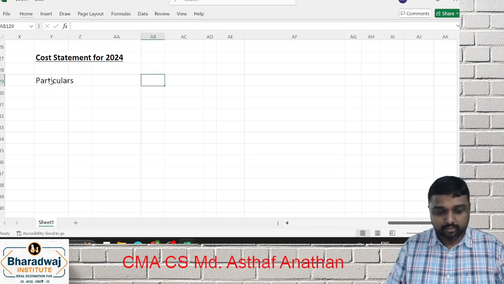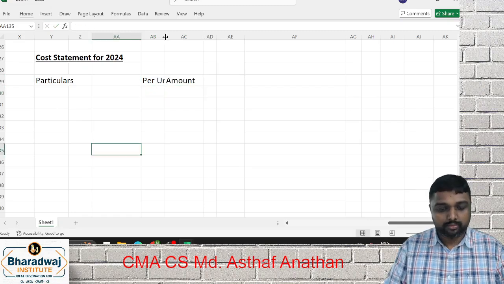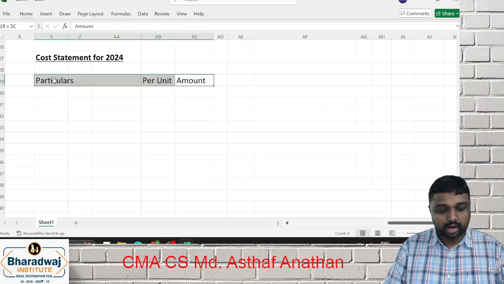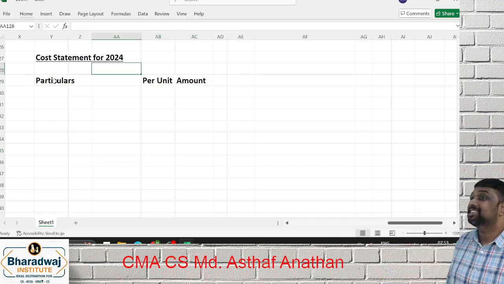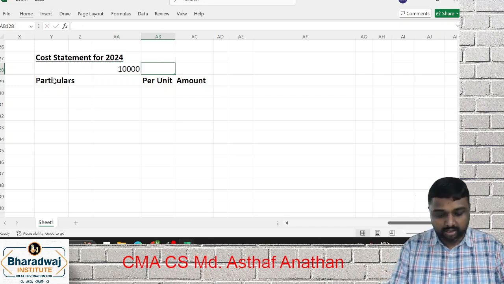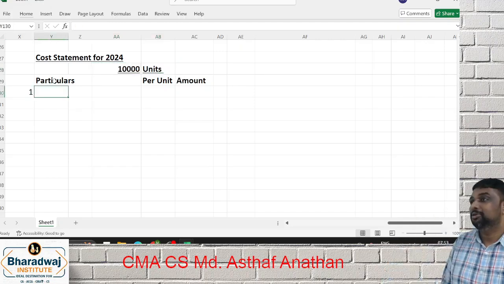Particulars. If you want, we can do one column for per unit and one column for amount. So we know the format. See, what is the unit for 2024? Production unit is 10,000 units.